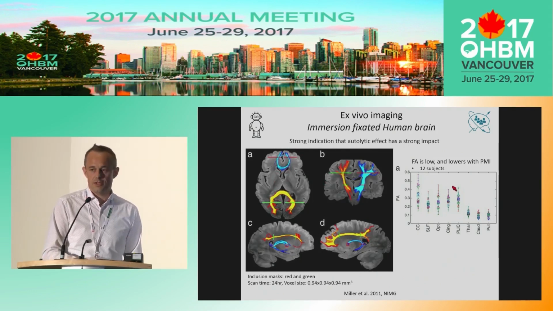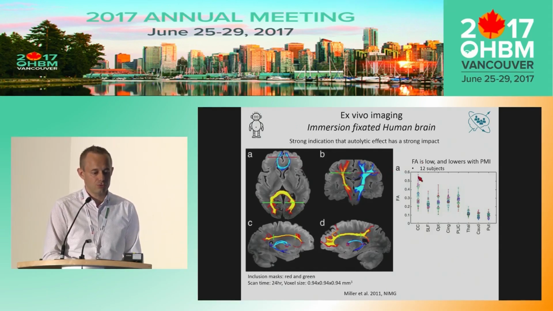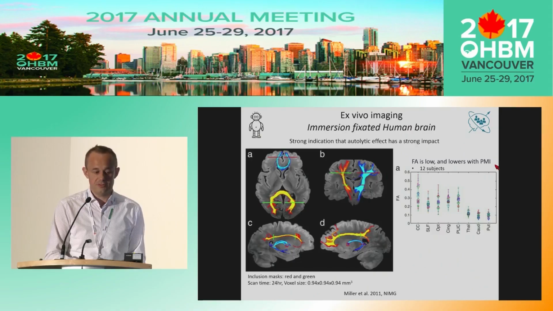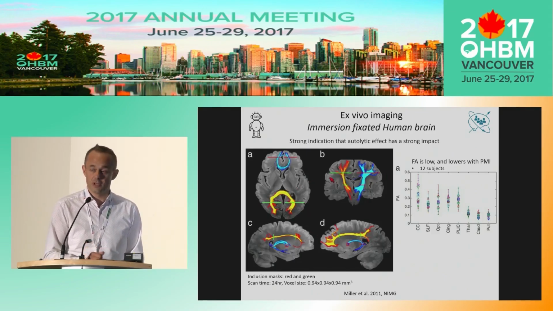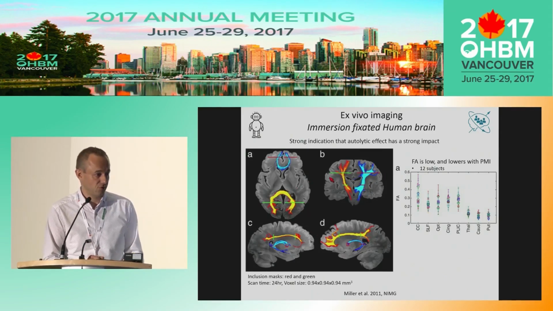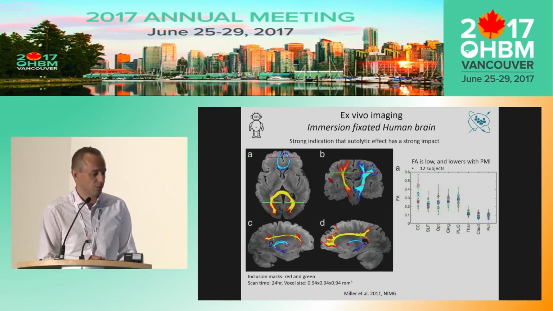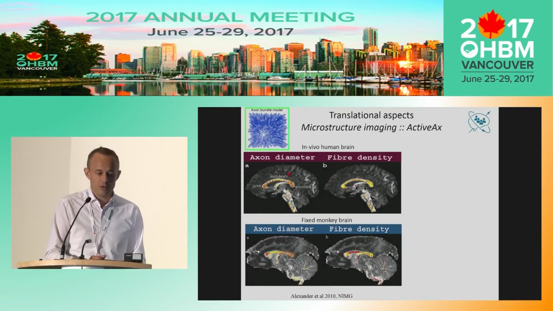A lot of work done by the group in Oxford by Carla has also shown that the FA values are low and they correlate with the postmortem interval. But you can extract the larger fiber tracts here. So there are some things you can do. You just need to be aware that the microstructural environment might have changed and is not a good model of in vivo.